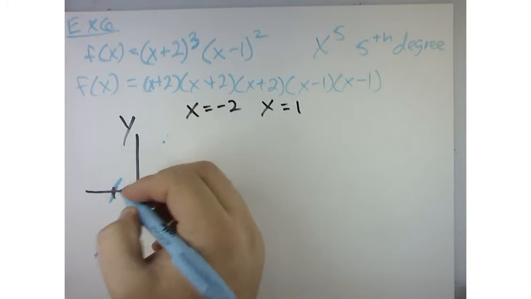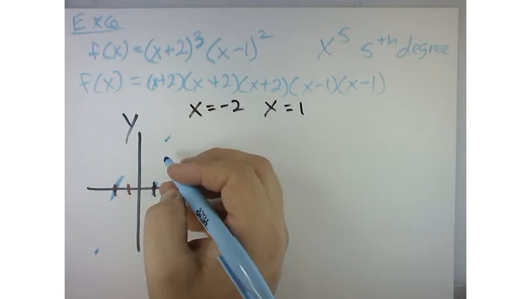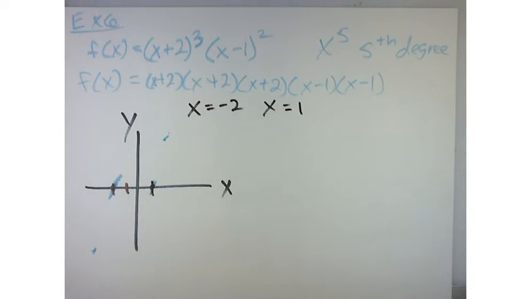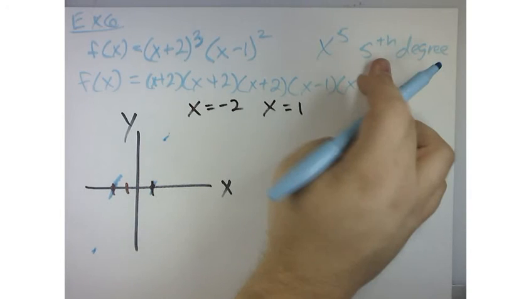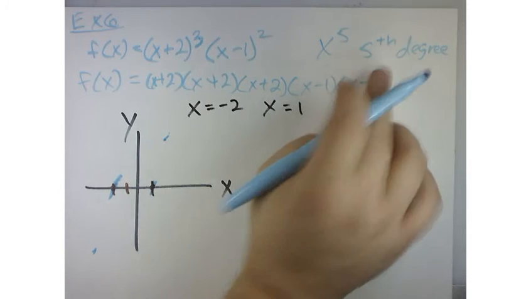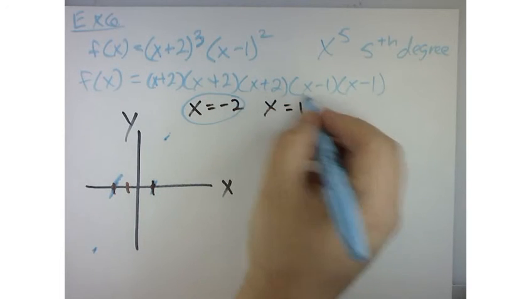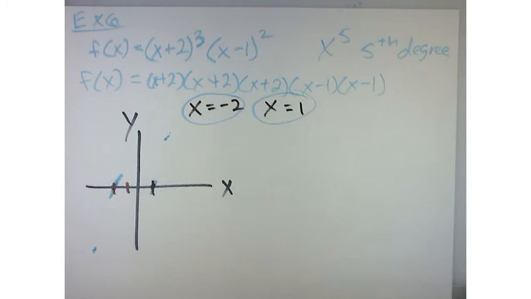In fact, we don't even know if it has to cross at least once, but the multiplicity thing throws us off because it could have 4 or 5 solutions, but we really only have 2. But this is a multiplicity of 3, and this is a multiplicity of 2. So we have an even multiplicity and an odd multiplicity. So what does that look like graphically?